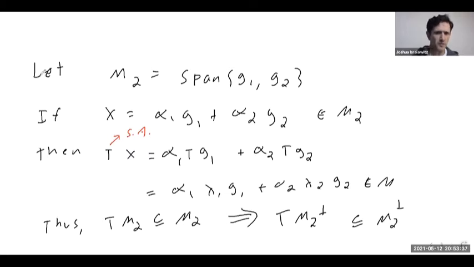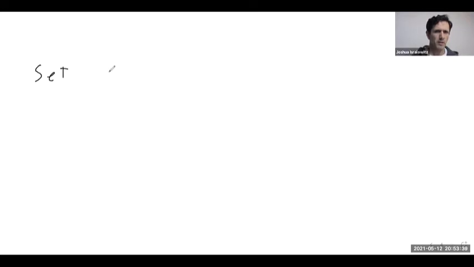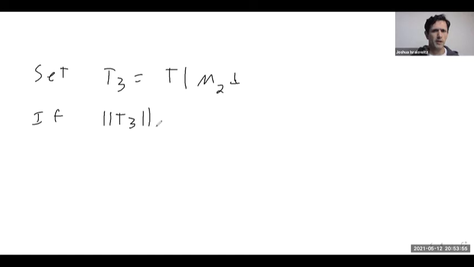Okay. So set T3 to be T restricted to M2 perp. If the norm of T3 on M2 perp is 0, we stop.